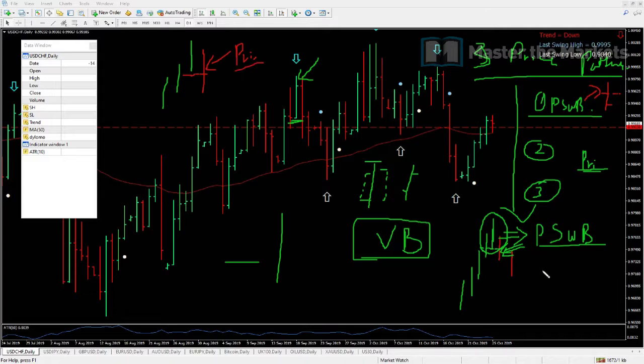Then the final thing: in vertical bars, the only way the price can drop further and further is taking out the previous low. So the next one takes out the low of the primary, and that is what we call the secondary. Okay, so you can design strategies based on this. So you have to identify PSWBs, primaries, and the final one is called the secondary.